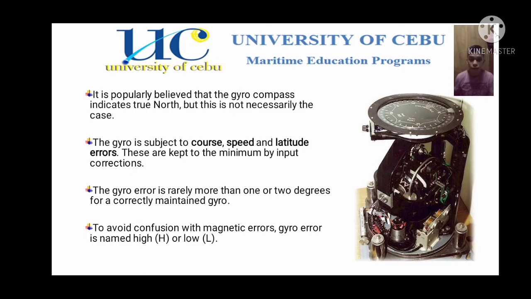So the result of this correction is not totally accurate, but we minimize the errors that are present in the gyro compass. This is rarely more than 1 or 2 degrees for a correctly maintained gyro.